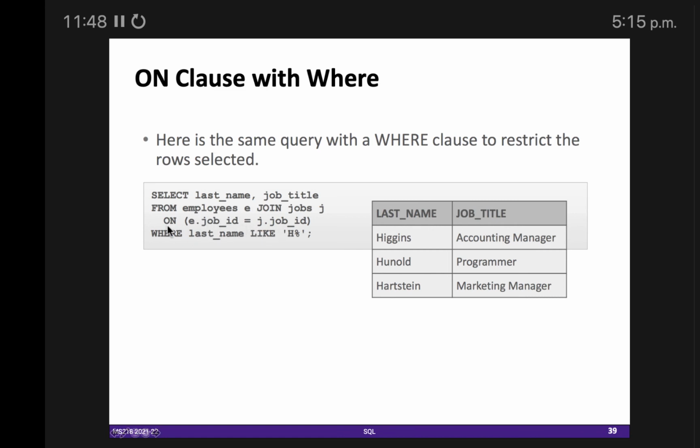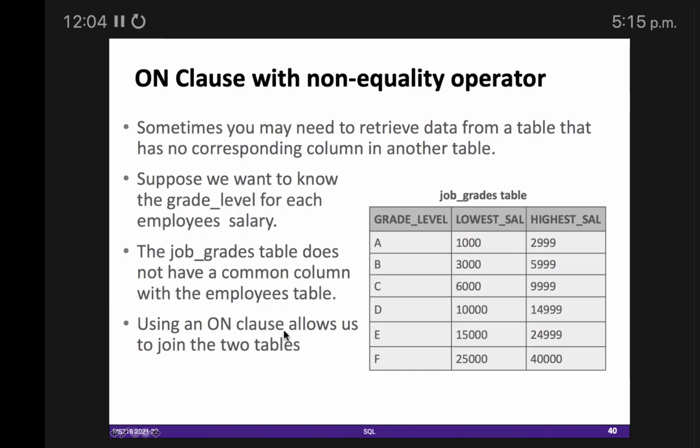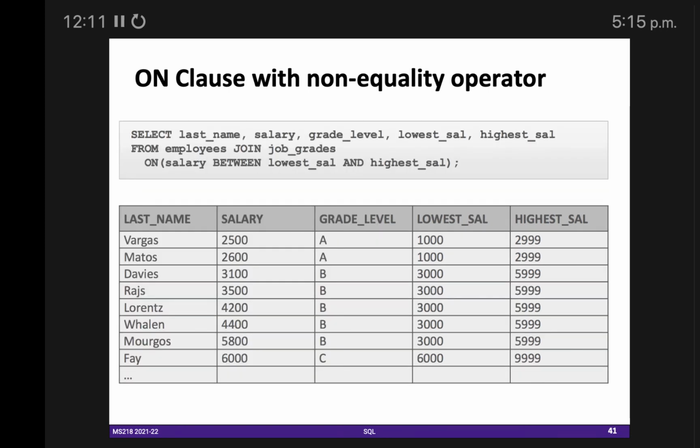After this joining, you can put a criteria that last name should start with a capital H, so you can see last names starting with uppercase H. Same is the case with the ON clause. You can use different non-equality operators, and between operators. So in the ON clause you can use any criteria to join different tables.